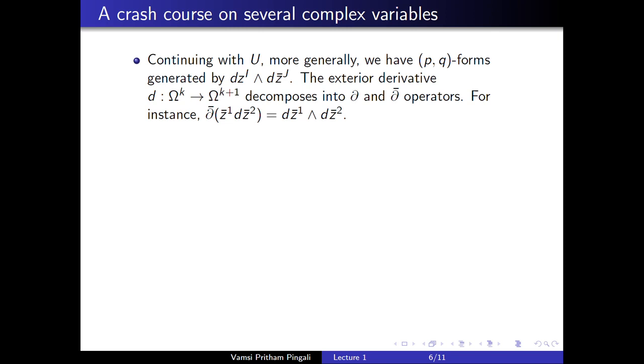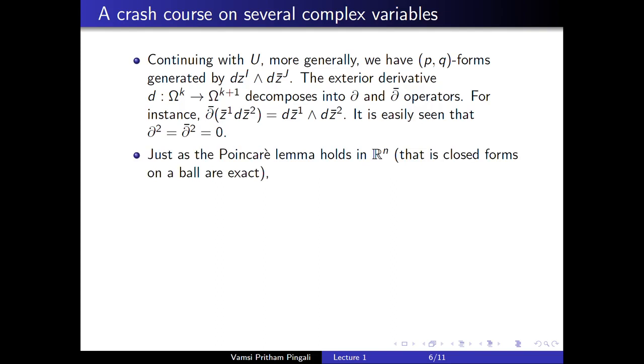I haven't defined del and del bar; when we need them I'll recall the definition more rigorously, but you can imagine what it is. It's a fairly obvious generalization of this example. And one can easily see that del squared and del bar squared are both 0, if you look at the definitions.